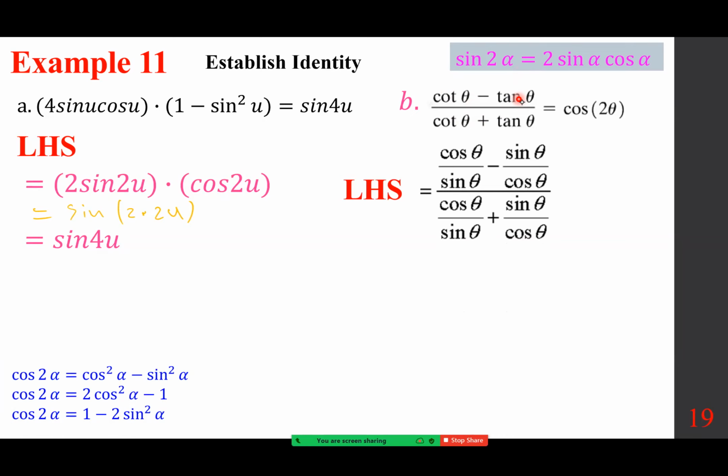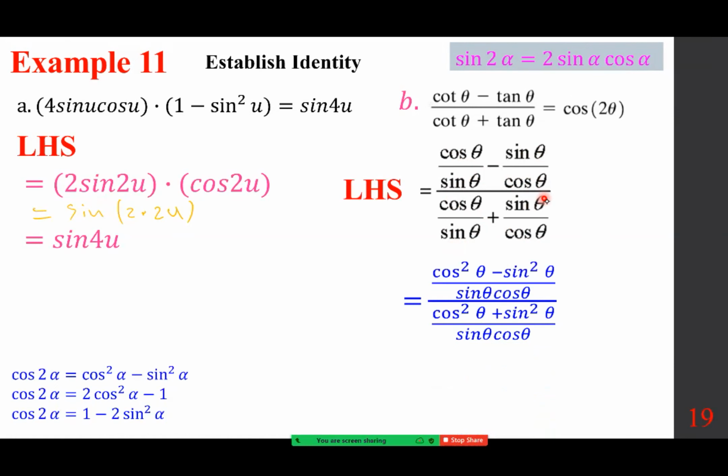And we can take a common denominator, or we can just multiply by sine, cosine. Either way is fine. So I'm going to show you this method of taking a common denominator. I would multiply the top and the bottom by sine theta, cosine theta. That is faster. But if you want to take a common denominator, sine theta, cosine theta, this becomes cosine squared minus sine squared. This becomes cosine squared plus sine squared.